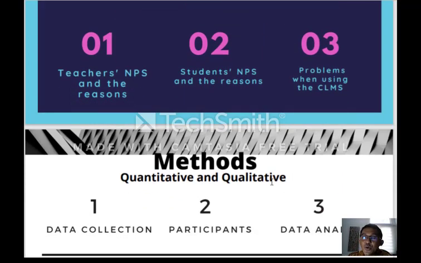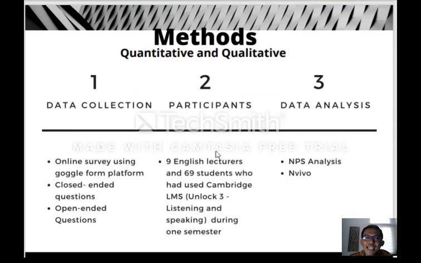Okay, so next, methods. Quantitative and qualitative methods were used in this study. To get the data, an online survey using the Google Form platform was used. The question list consists of two kinds, closed-ended questions and open-ended questions.